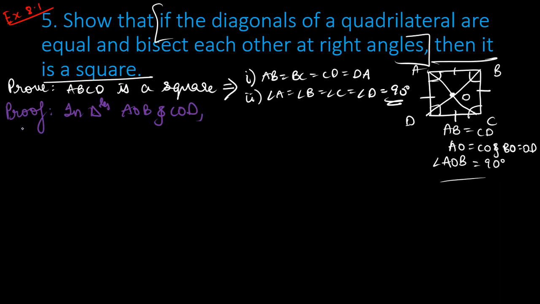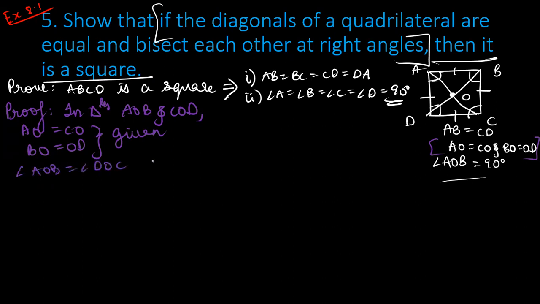I can first say that AO is equal to CO, BO is equal to OD. Why? Because it is given. See, here we had written that, right? And then I can also say that angle AOB is equal to angle DOC. Why? Because they are vertically opposite angles.